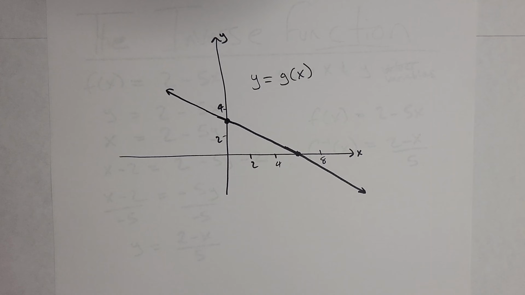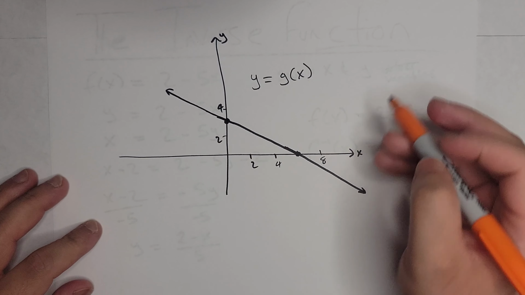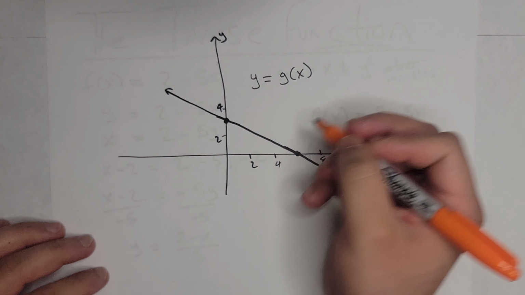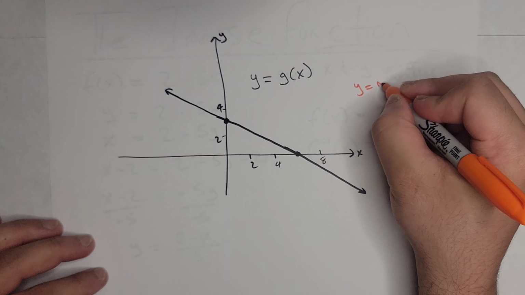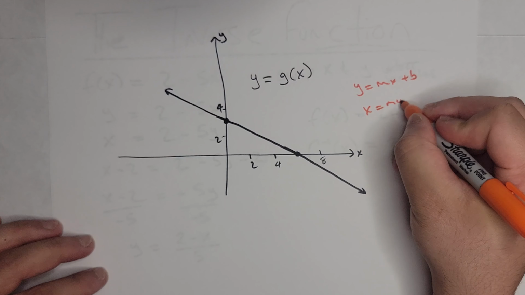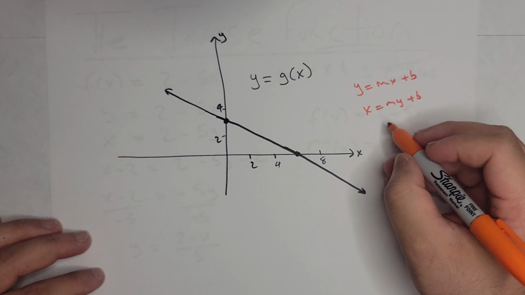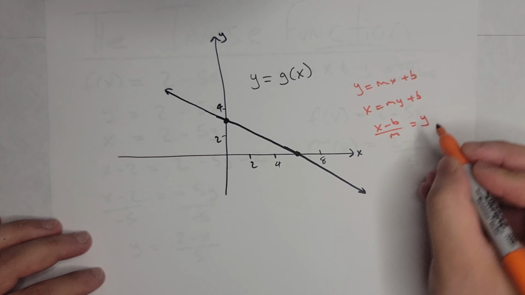So you might be wondering, maybe I could find the slope and the intercepts and create the full y equals mx plus b function, swap them, and then write it out again, x minus b over m equals y.